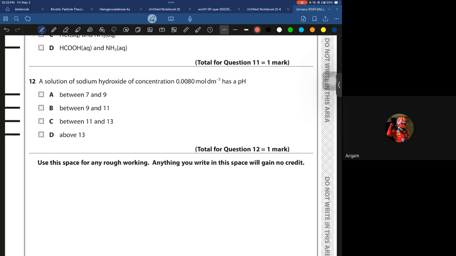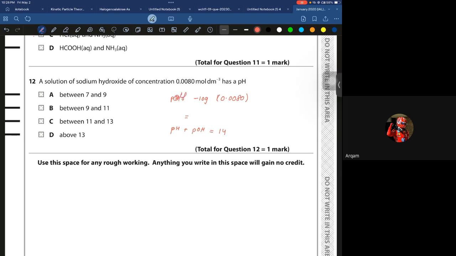So pOH is equal to negative log of 0.008. Of course, this is a strong base. Then pH plus pOH is equal to 14.